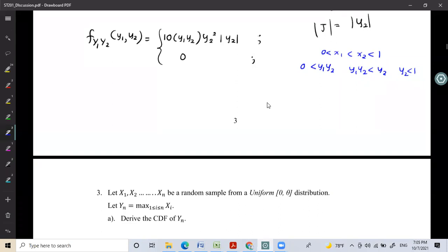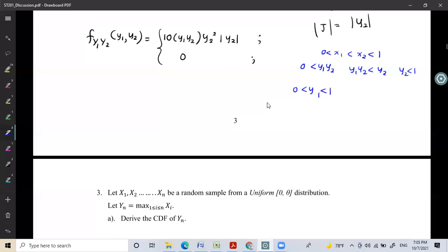We know that y2 is less than 1. Therefore, from the first one and the last one, you can easily see that y1 is in between 0 and 1.